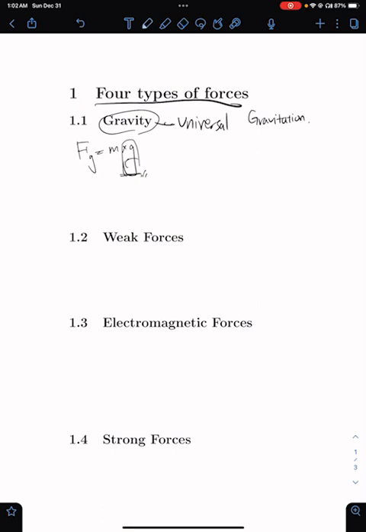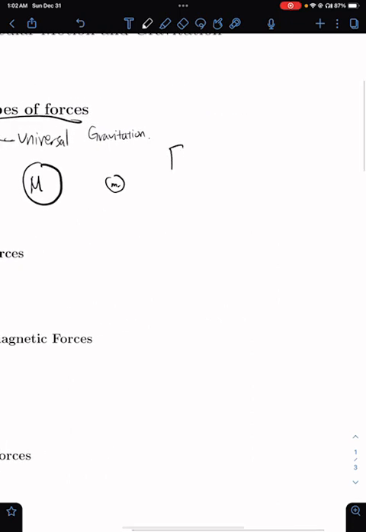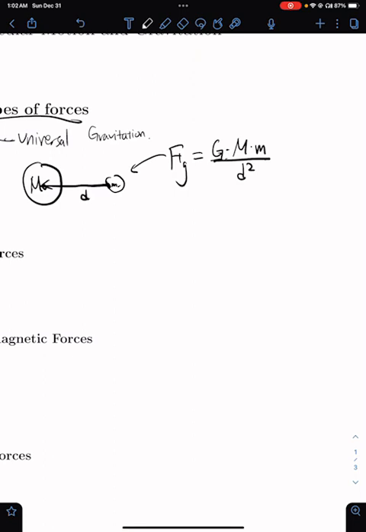And if we have two big planets with mass big M and mass small m, the force of gravity here, or force of universal gravitation, is defined as a constant G times the big M times small m over the distance squared, where the distance is the distance between the center of the two planets.